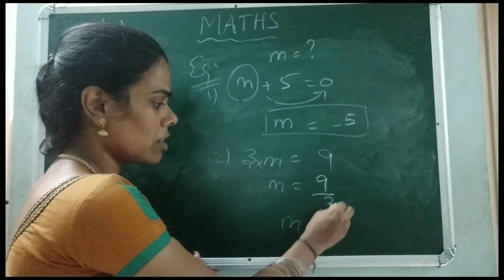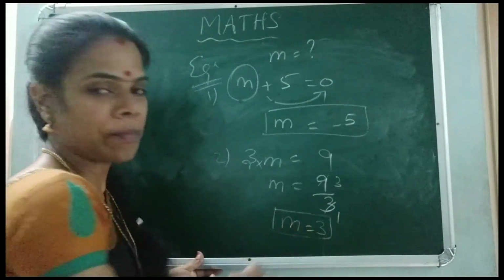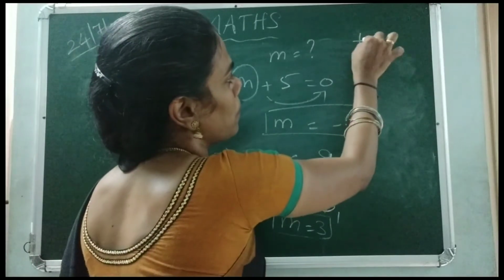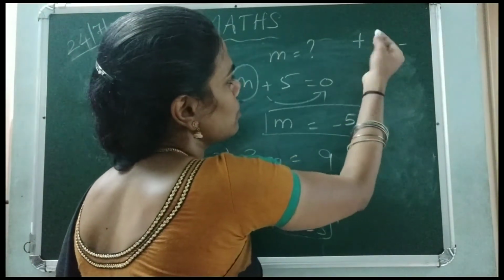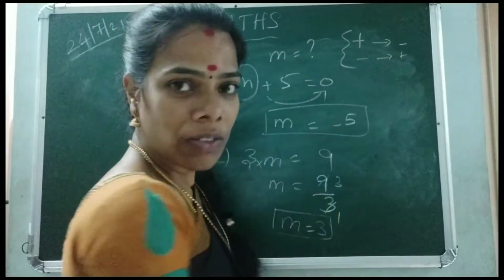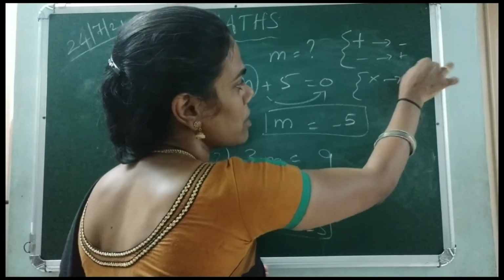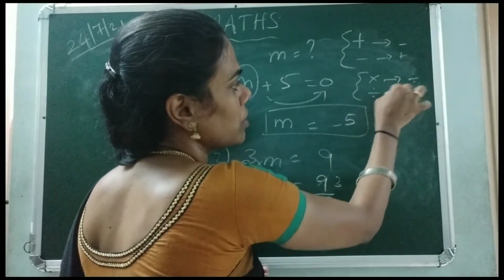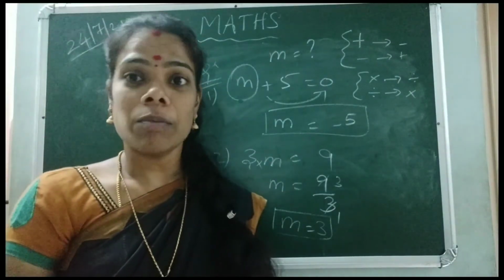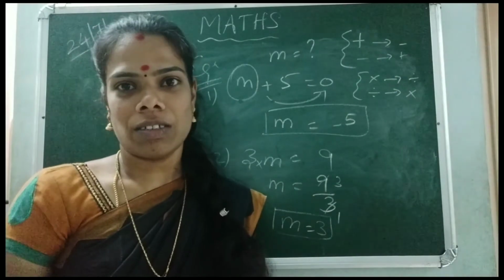So your answer is simply 3. So two points you have to remember: plus becomes minus, or minus becomes plus, depending upon your equation. At the same time, multiplication converts to division, and division converts into multiplication when you take it to the right side.